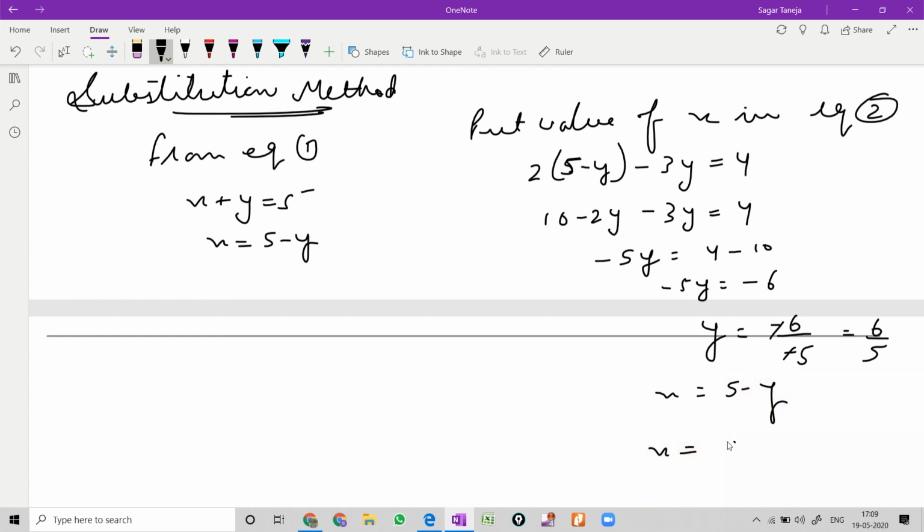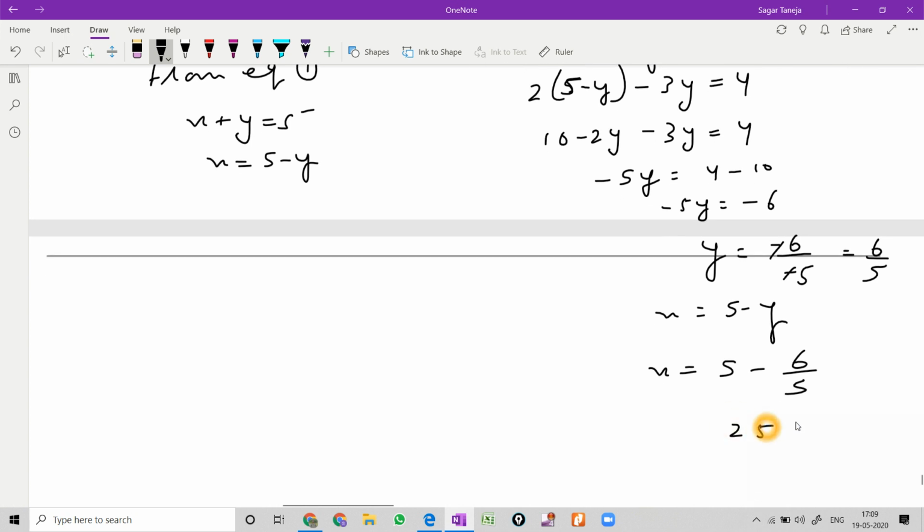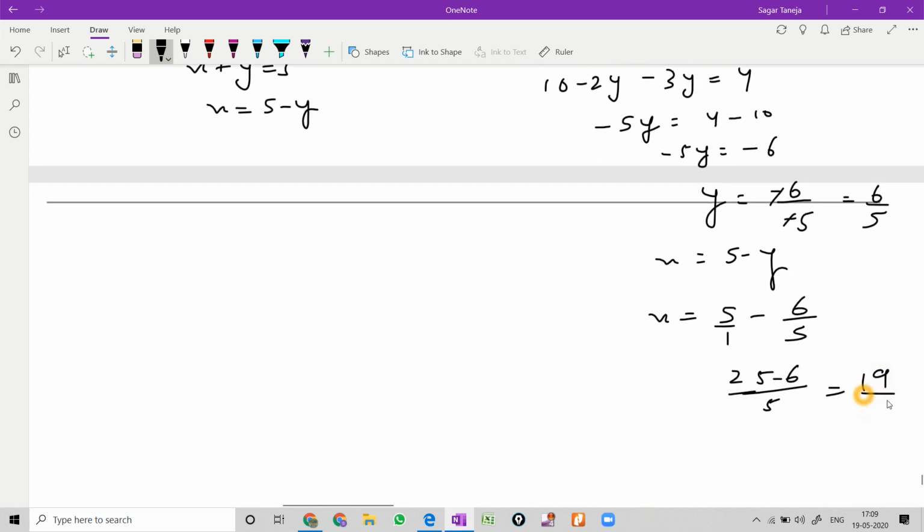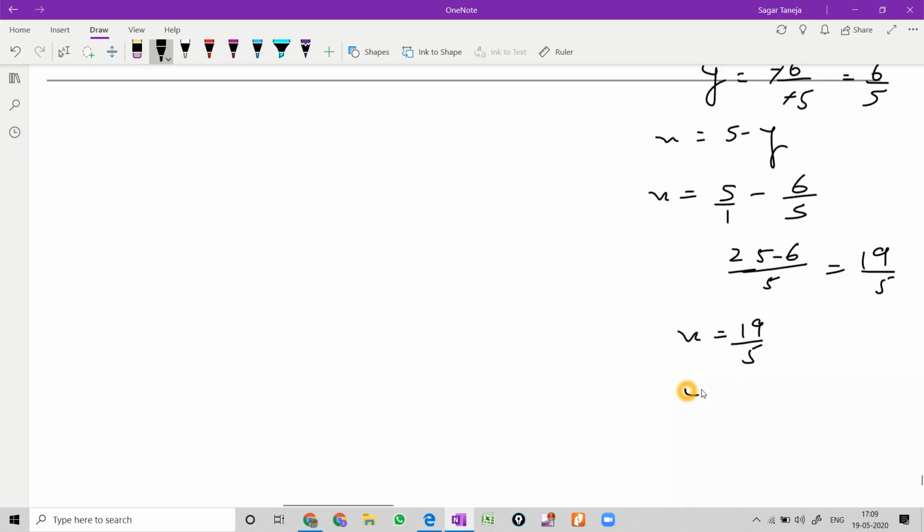So put the value of y in this, 6 by 5. So it is 25 minus 6 by 5 after taking the LCM. So this is equal to 19 by 5. So that's why the value of x is 19 by 5 and the value of y is 6 by 5. So these two values are our answers.